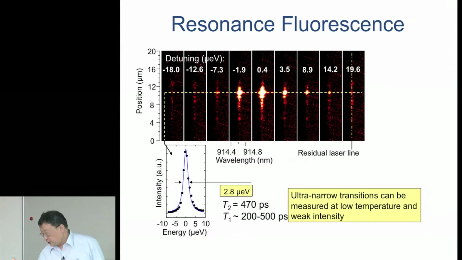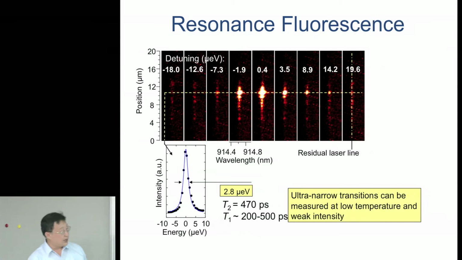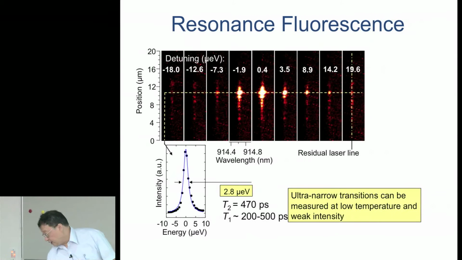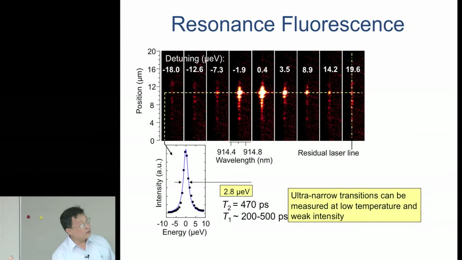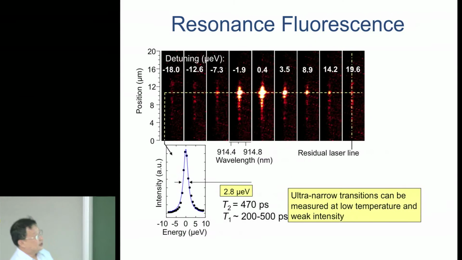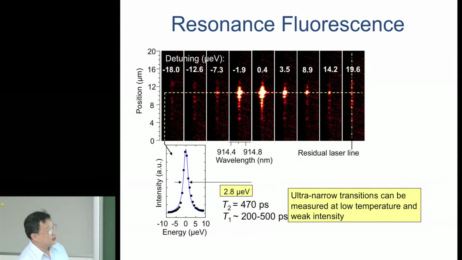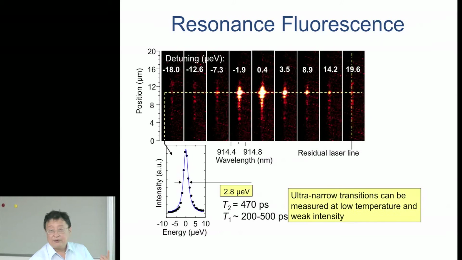Then we can take this quantum dot and use a laser, but in this case, we use a pulsed laser. Then we can map out all the excited states. Usually, if you show this movie, as I scan the laser line energy, when you hit the resonance, this thing just lights up very bright.